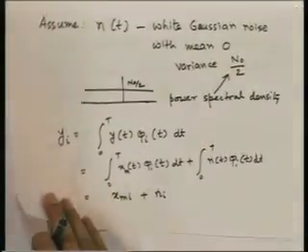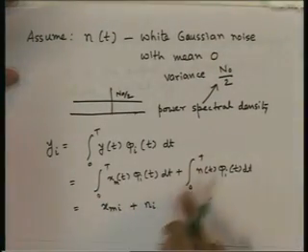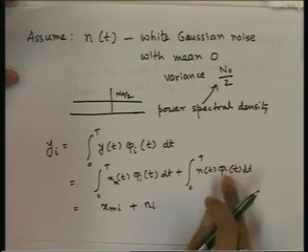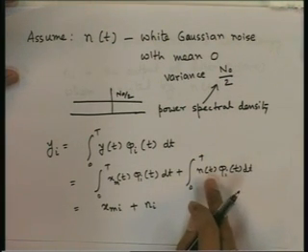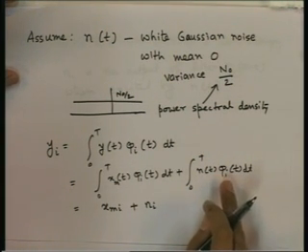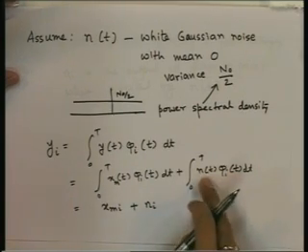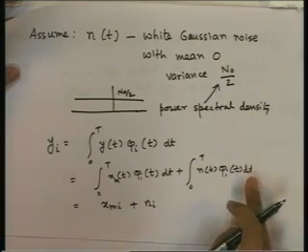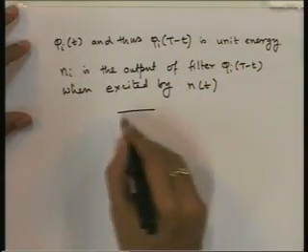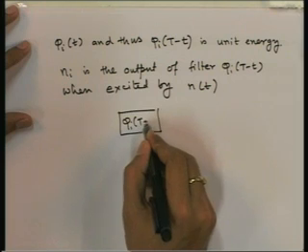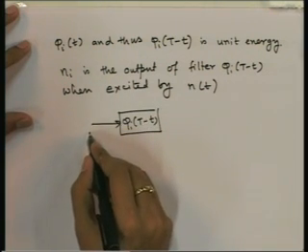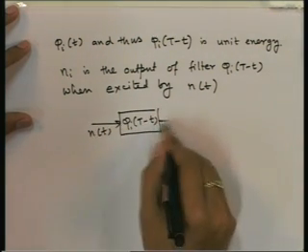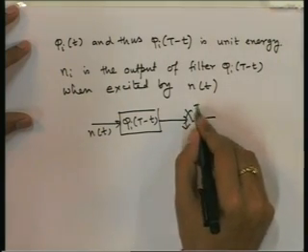You can see here that N_i is the inner product of N(t) and phi_i(t). So, it will be the output of the filter with impulse response phi_i(T minus t) when the input is N(t). This is also the convolution of N(t) with phi_i(T minus t) at time capital T. So, N_i is the output of the filter. There is this filter phi_i(T minus t), there is y(t), this is N(t), and this output at capital T is N_i.